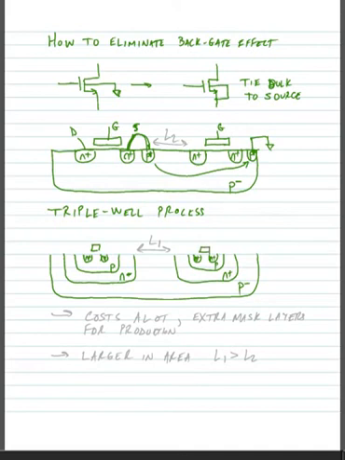So here I have my NMOS transistors, and they're floating inside of their own wells, and in this case I can tie the well to whatever potential I want to tie it to. The problem with this is it costs a lot. The reason is that I have to add a lot of mask layers to do this production.